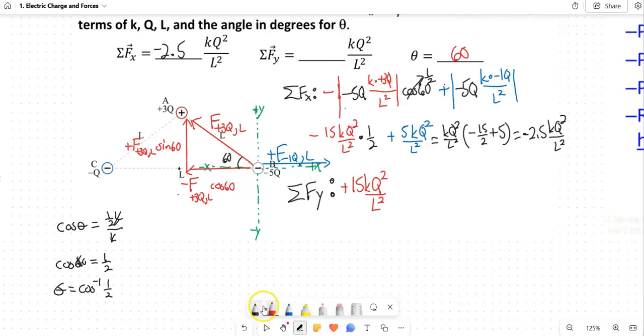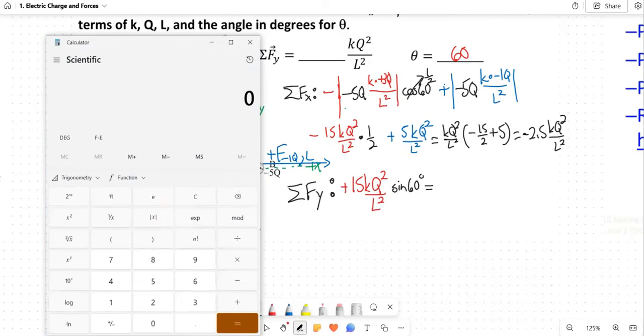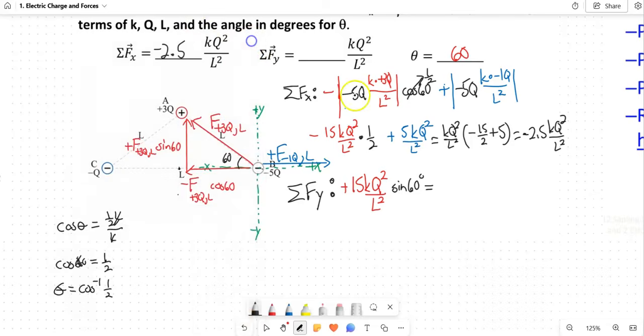But we're going to be using the sine of 60 degrees. So that is going to be equal to whatever the sine of 60 degrees is, 0.866.